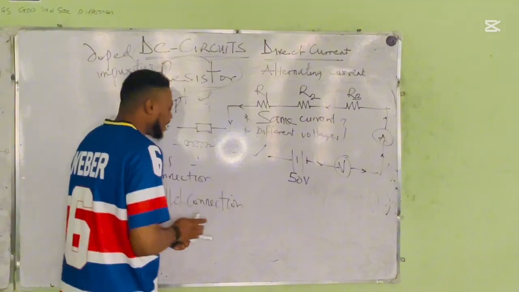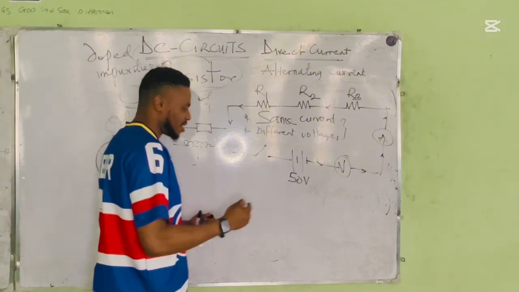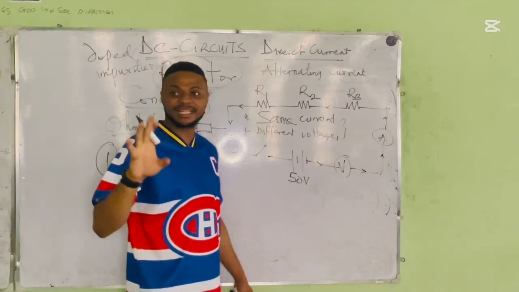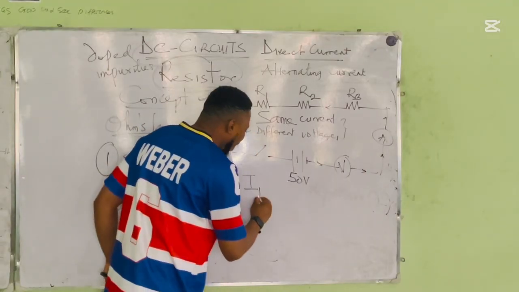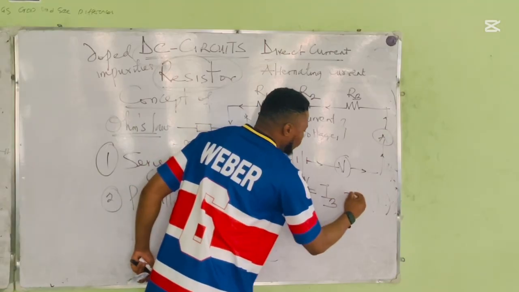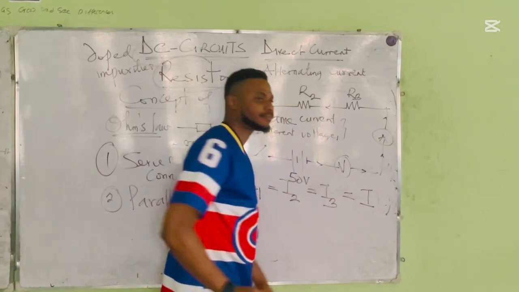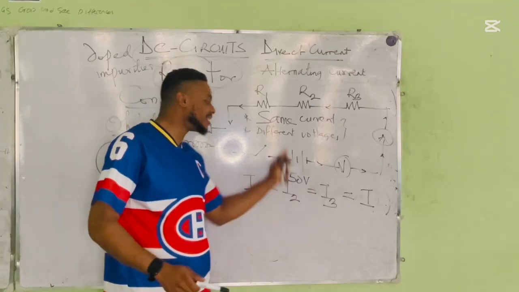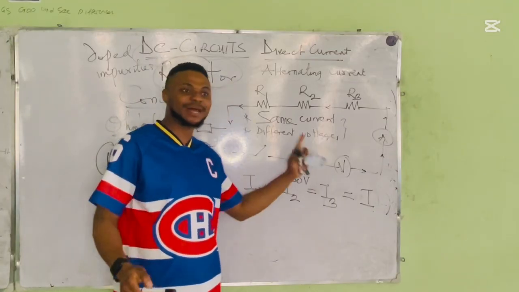Alright? So what we are saying in essence here is that in a circuit that has resistors connected in series, our I1 is equal to I2, I2 is equal to I3, and all of them are equal to I. Your I1 is the same as your I2. I2 is the same as your I3.